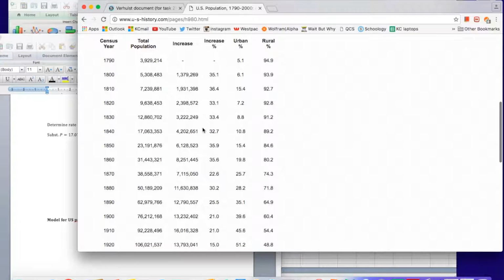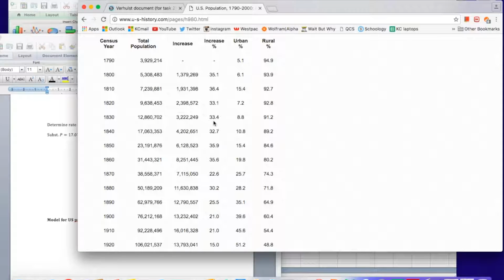To give you an example, if we go from 1820 to 1830, you can see that the population increases from about 9.6 to 12.8. So it increases by about 3.2 million. And if you think about it, 3.2 million is roughly a third of 9.6, and that's reflected in this percentage here of 33% over 10 years.